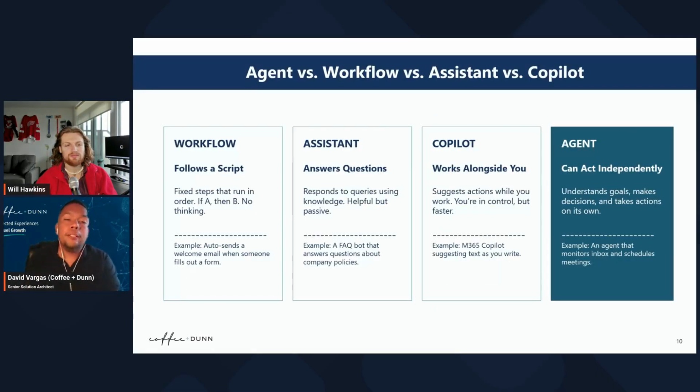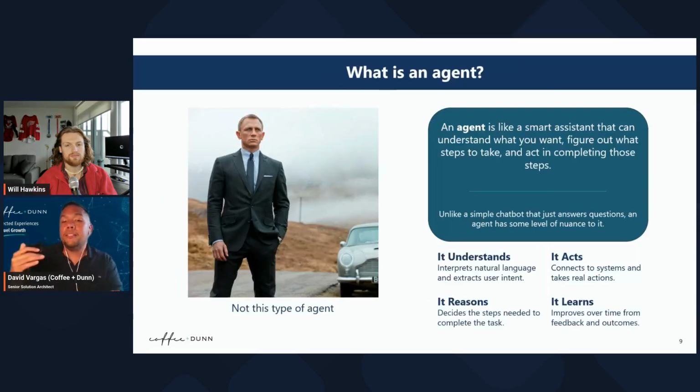It acts, right? It connects to systems and it takes real actions, such as sending emails, updating records, triggering workflows, scheduling meetings. As Will mentioned, you have to be the one to give it access to the actions, right? It's not just going to go through and do that, but once you start to configure it, then you're able to really make magic. It reasons, right?